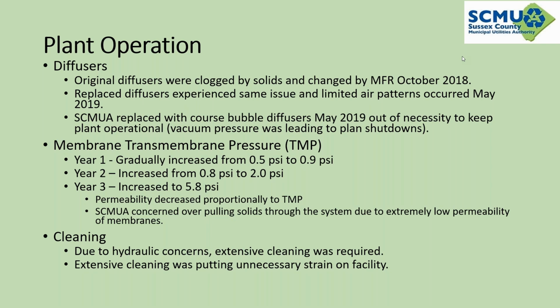Year two, the manufacturer came in and replaced the existing diffusers, the elbow, all that. We're doing okay, still at 0.8 psi, still in that happy zone. You're starting to creep up though. 2 psi.